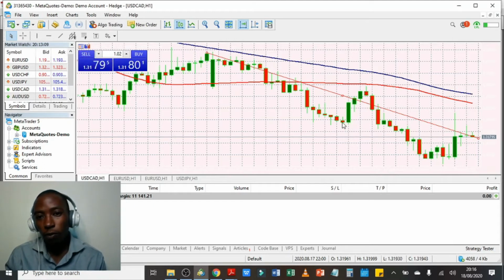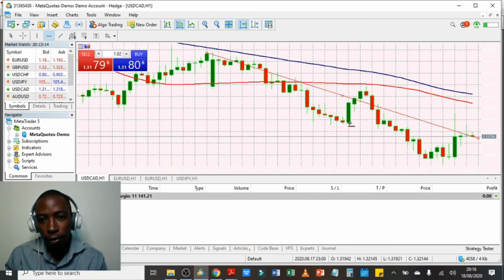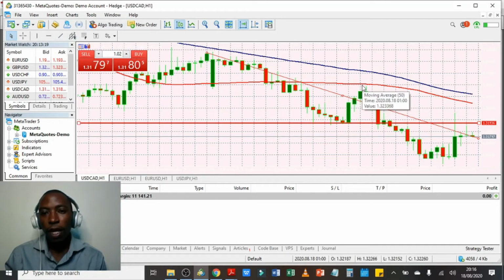So for buyers who bought over here, let me just draw a horizontal line over here, they were able to make profit until the trend line was broken, and then the 50-hour moving average acted as a point of resistance.